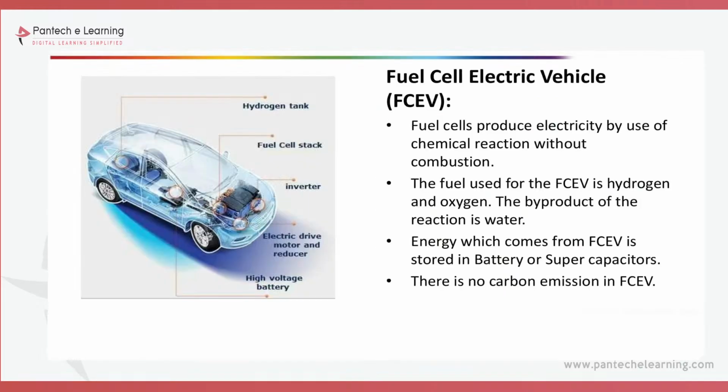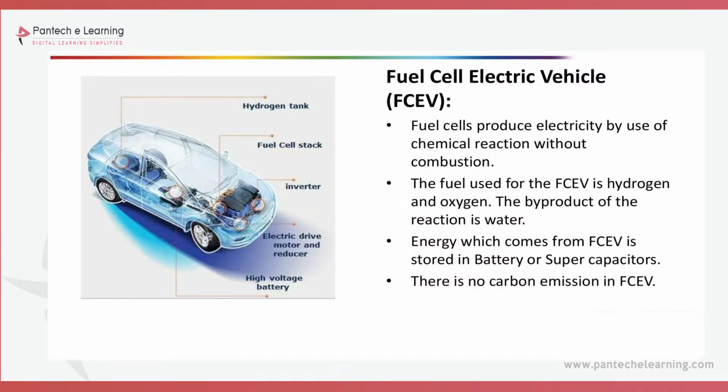The final one is the fuel cell electric vehicle. It works on chemical reactions, and it is a zero carbon emission vehicle. A fuel cell produces electricity through a chemical reaction without any combustion, using hydrogen and oxygen. The byproduct of the reaction is water.